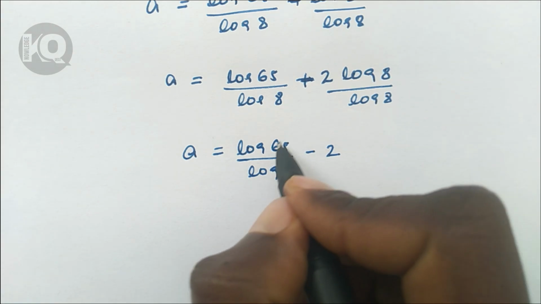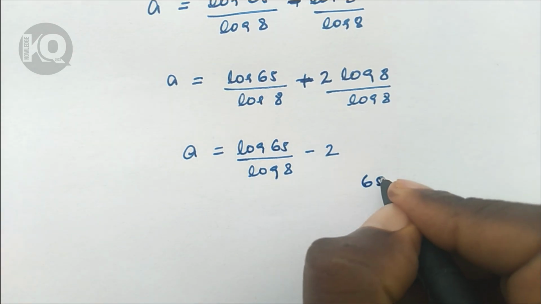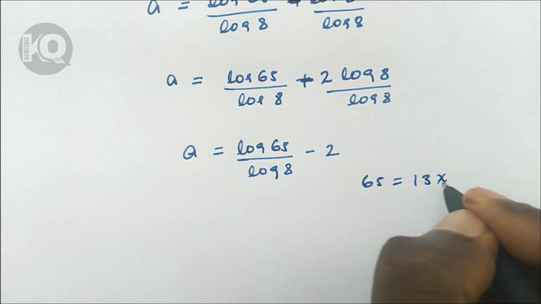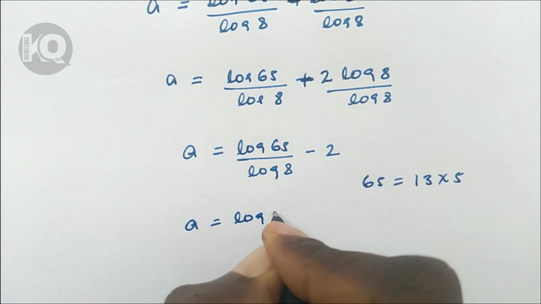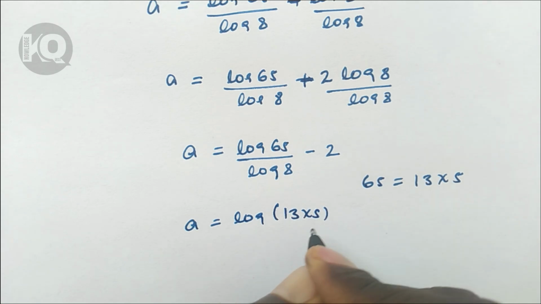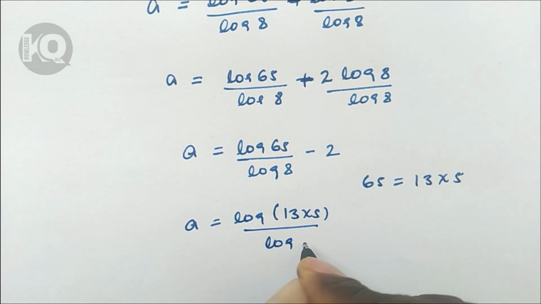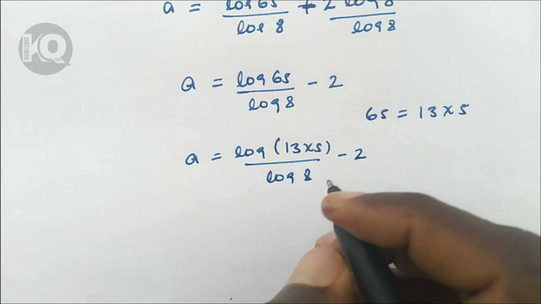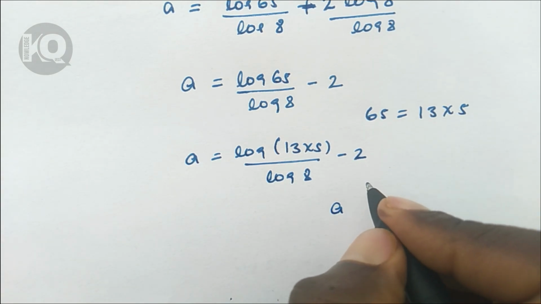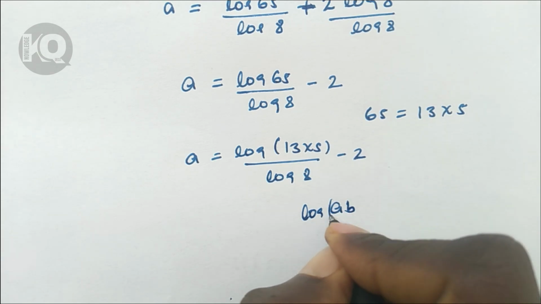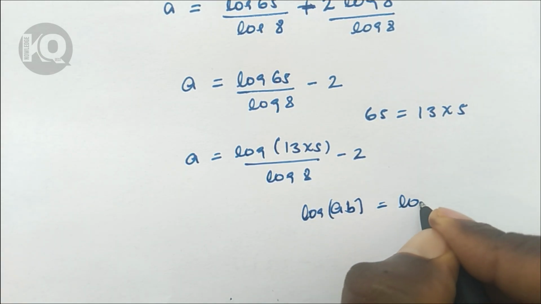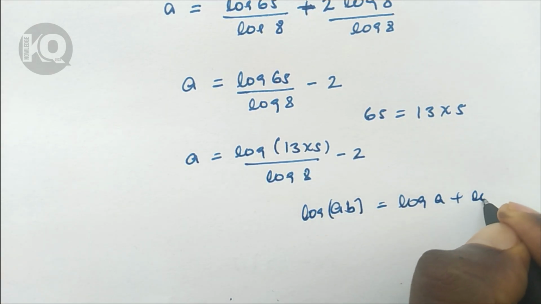Now let's factorize this 65. So 65 is factorized as 13 times 5. So x will be log of 13 times 5 over log of 8, minus 2. Then we know that log of a times b is equal to log of a plus log of b.